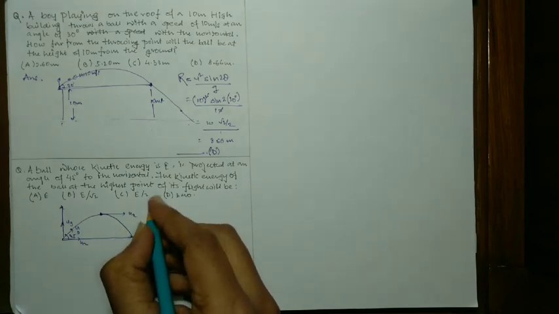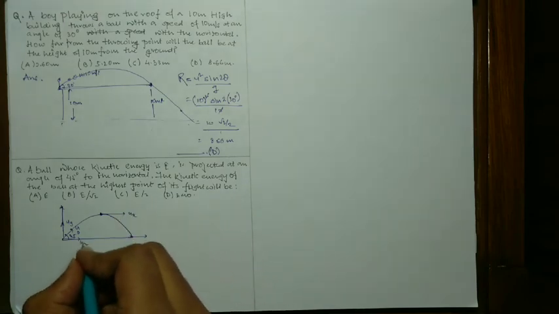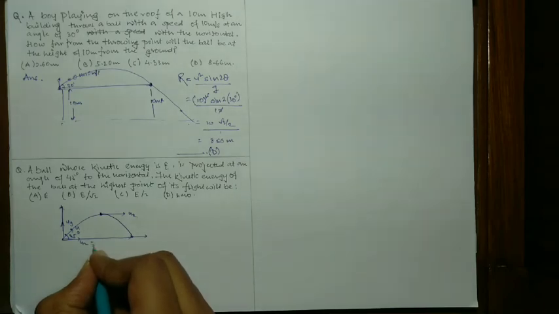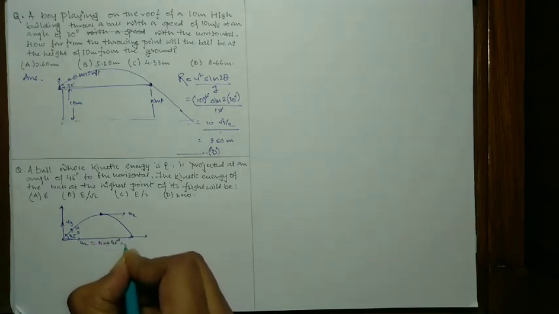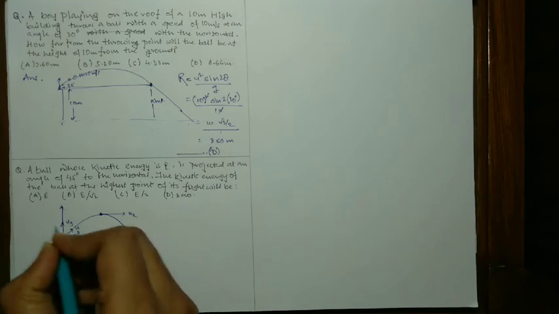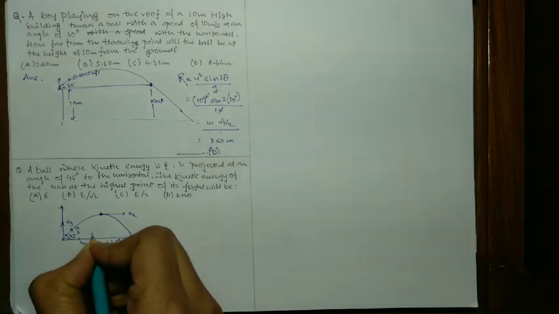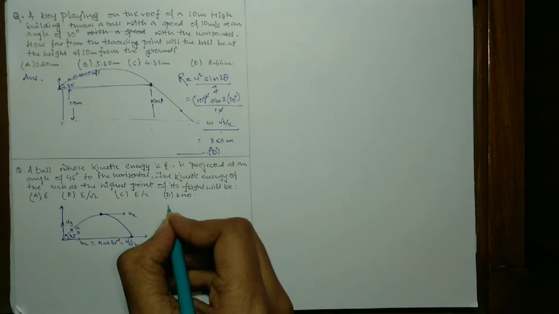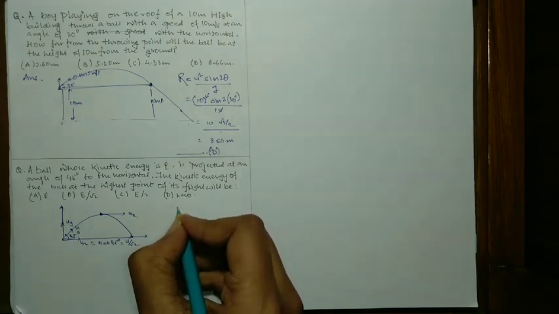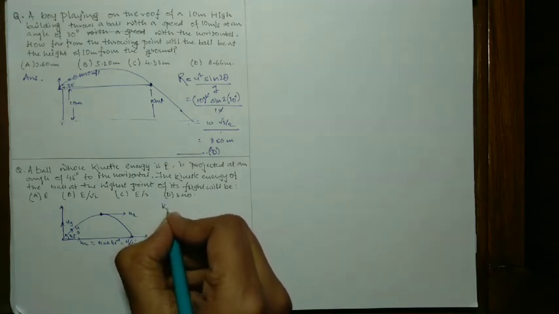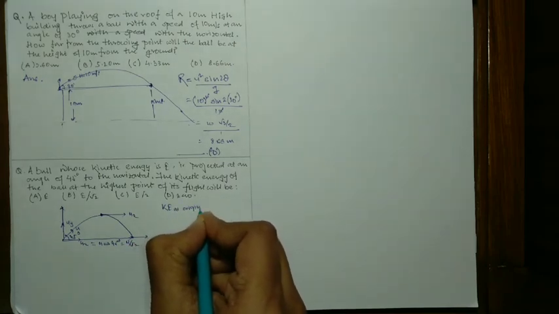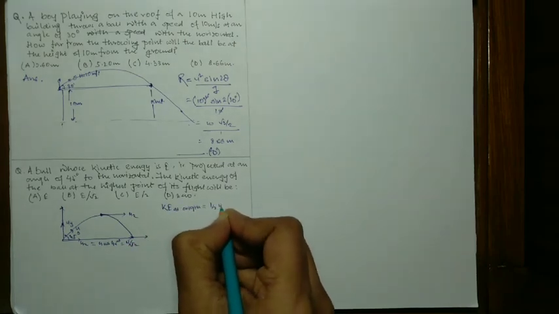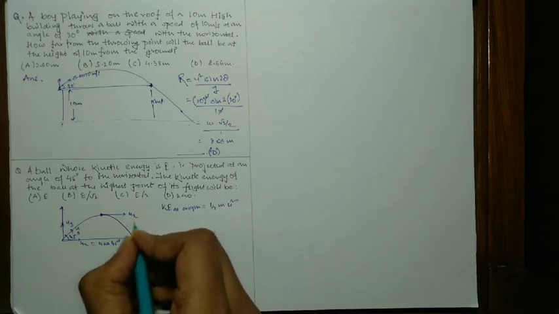Now we know that horizontal velocity ux is u cos 45 degree, which is u by root 2. If we find the kinetic energy at origin, it's half m u square, right?